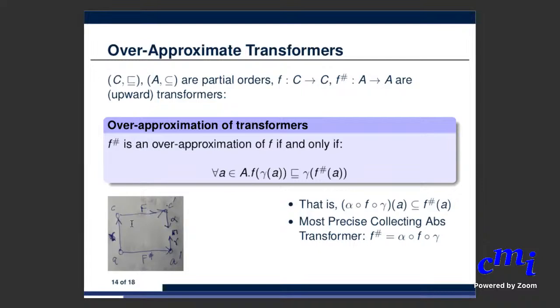Then if I apply alpha to it once again, that alpha should be less than or equal to whatever F hash returns.